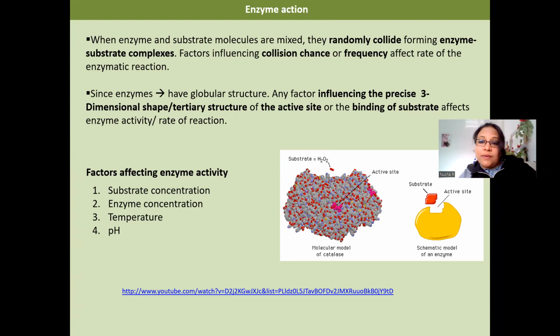And the second thing we'll have to bear in mind is that enzymes are proteins, and they have a globular structure. We'll look at the precise 3D shape of the active site. So anything that will cause harm to this very precise shape, the active site, will affect the enzyme activity, obviously.